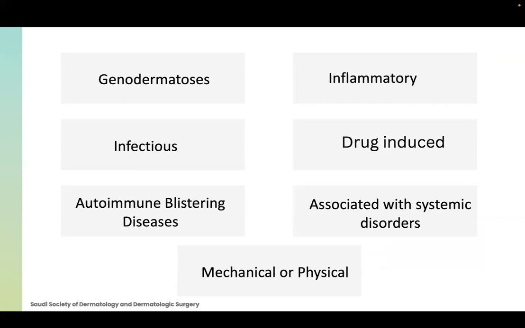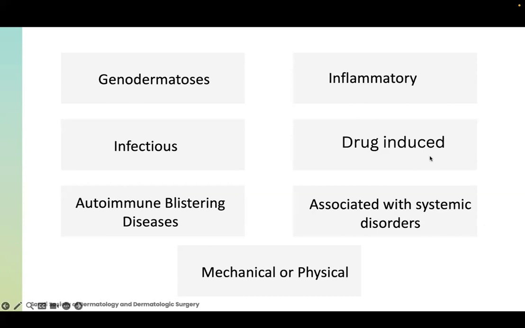Also, there are the autoimmune blistering diseases, which are most commonly discussed by dermatologists, that include pemphigus and pemphigoid, and also inflammatory disorders like the small vesicles in a general term eczema, or atopic dermatitis, or any dermatitis.